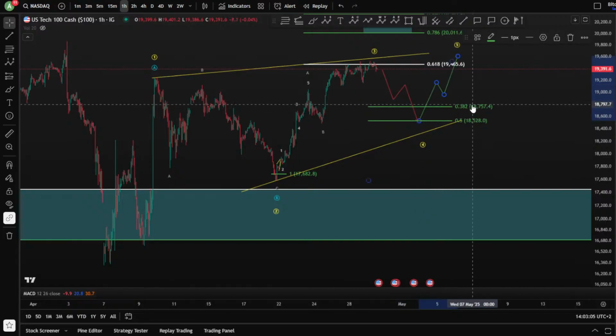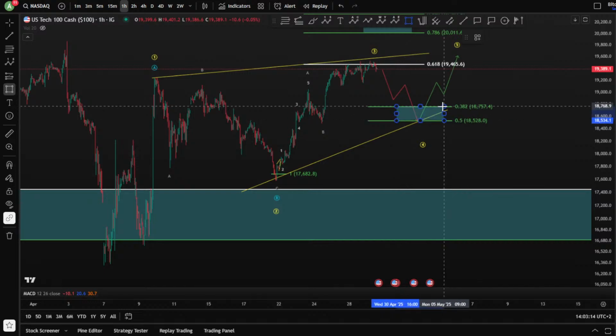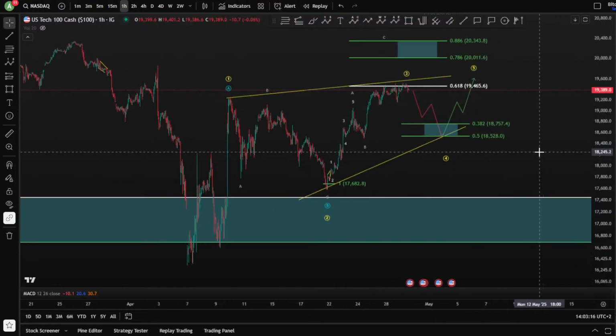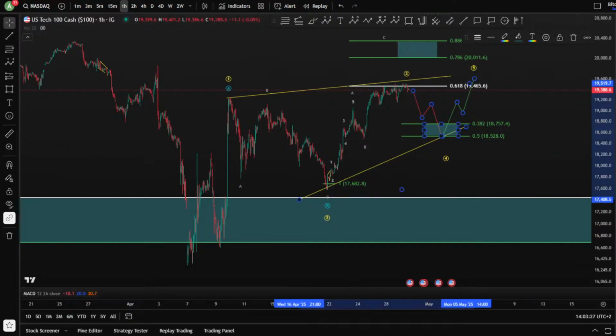But don't forget, those are only the perfect fib levels, and there are some uncommon targets in between them. So here we go. Potentially the next blue box is this one, between 18K 520 and 18K 750. All right, so that was for Nasdaq and SPX.